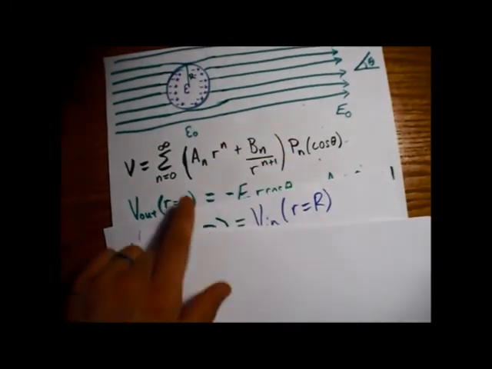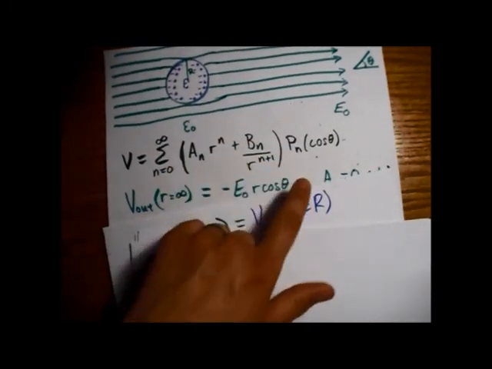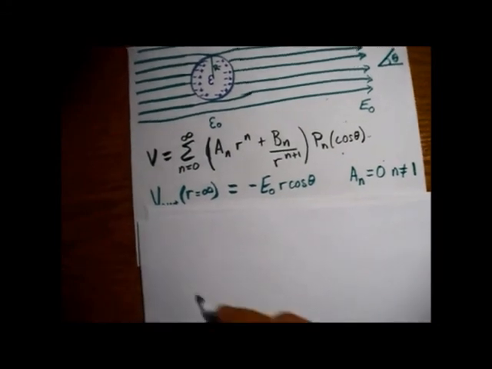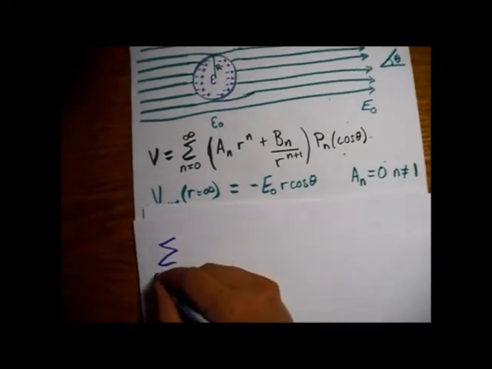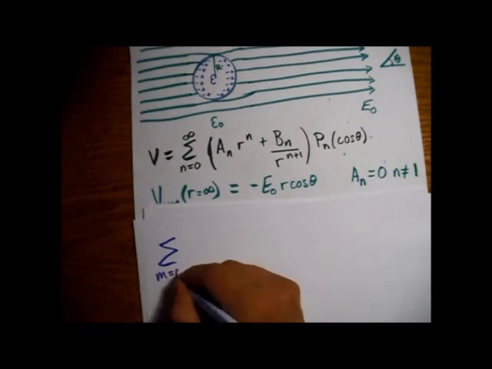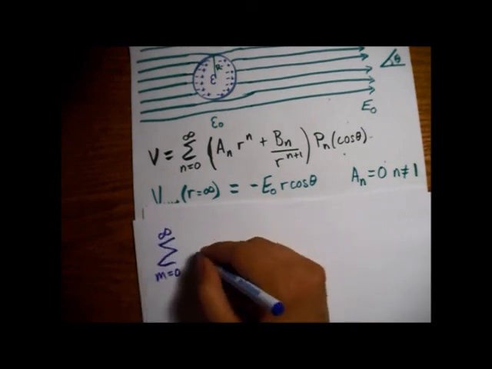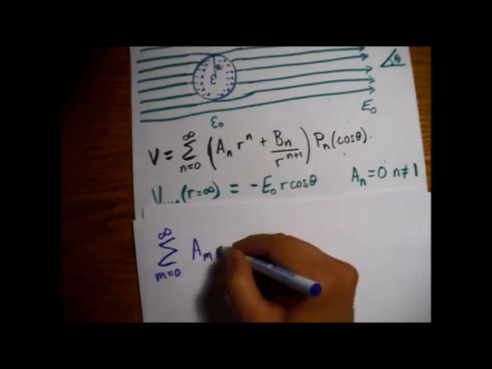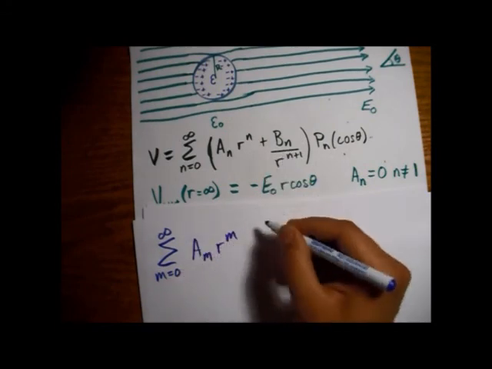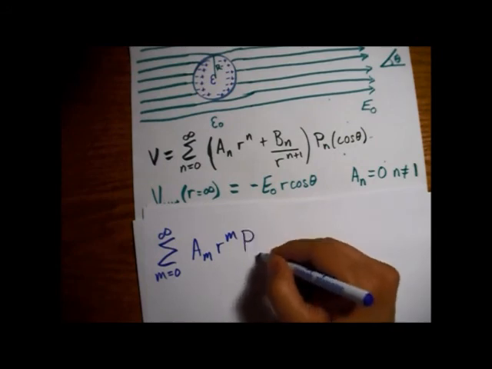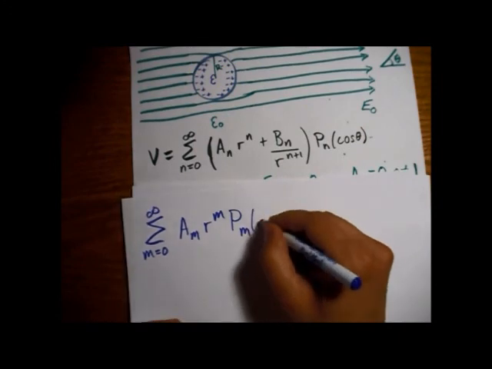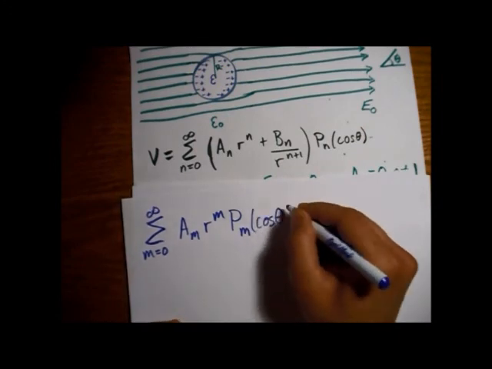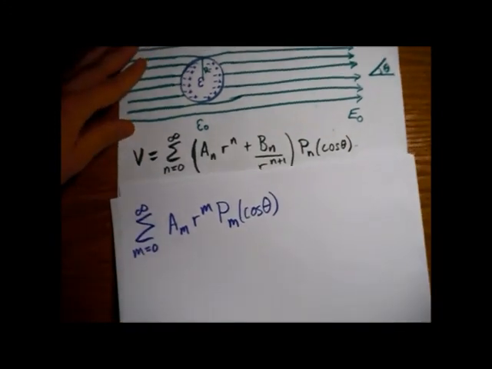So all that was left over was a sum over these parts here. On the inside, and I was just using the index m for the inside, all these B's go to 0. We have A sub m, R to the m, and then the mth Legendre polynomial, like this.